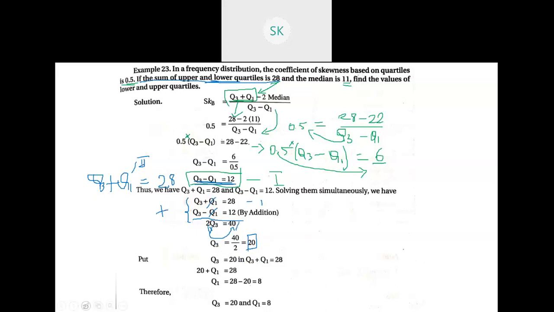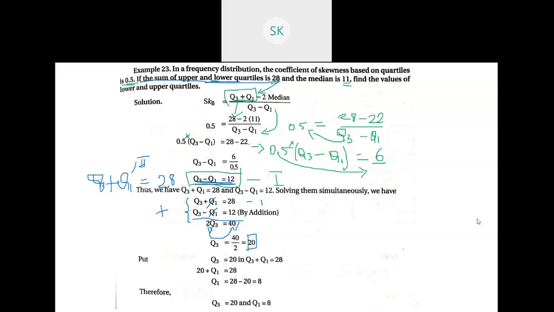Did you all understand how to find Q3? Any doubts until here? Everybody understood? Okay, let's go on.